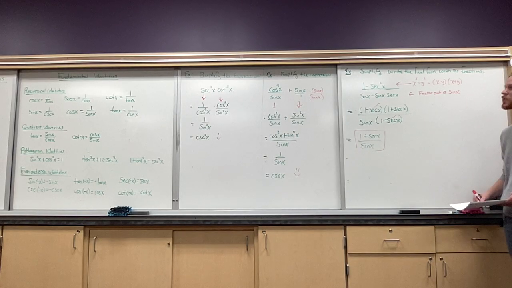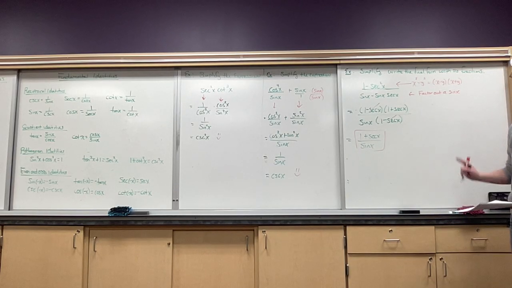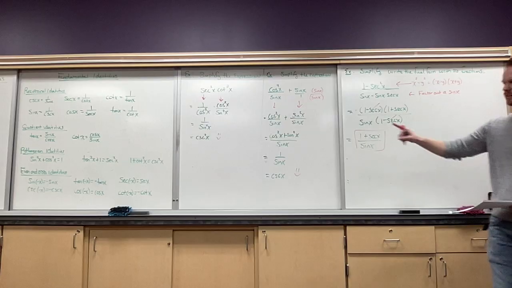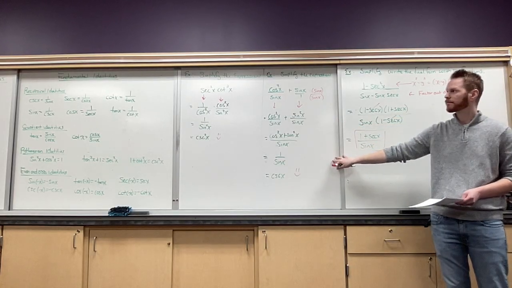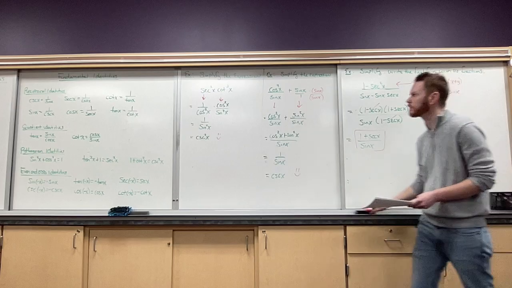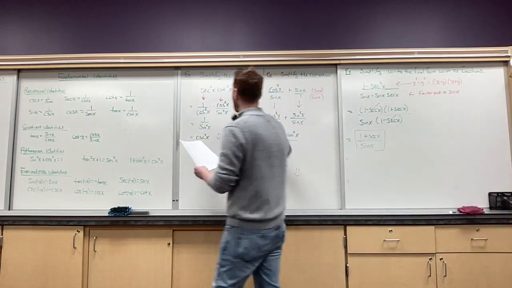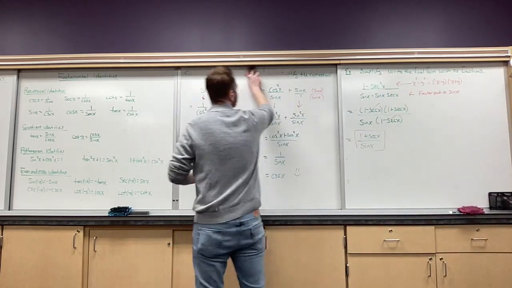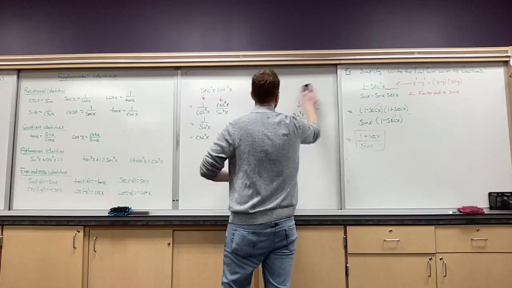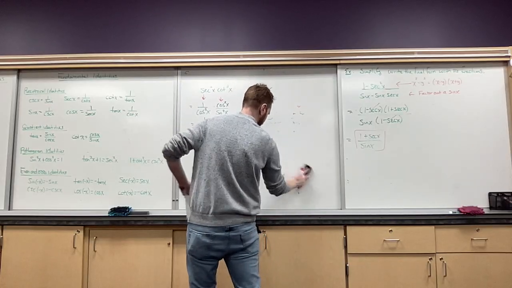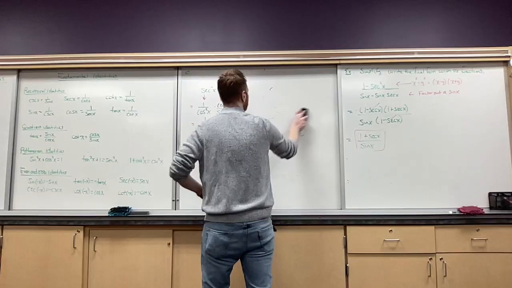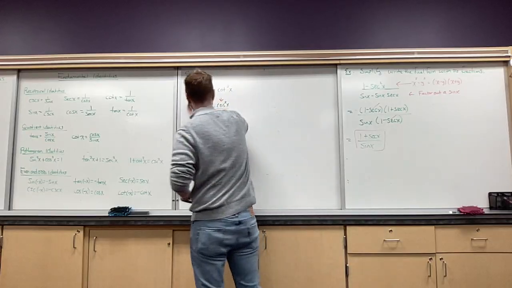Okay, so that's just simplifying expressions. I kind of want to leave that board up there, so I'm going to work with just these 2 whiteboards, okay? I kind of want to just keep that off to the side as a reference. So now let's verify identities. It's going to be the same approach, but we're going to pick a side to work with.